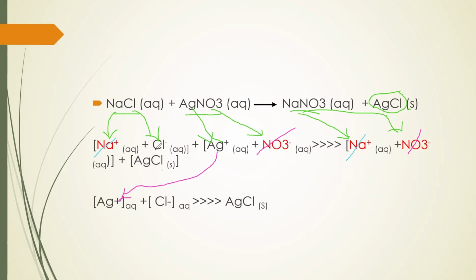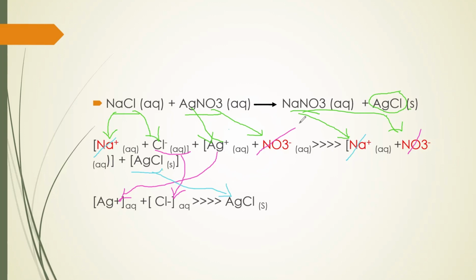The remaining is Ag positive aqueous and Cl negative aqueous as reactants, and they will give silver chloride as a precipitate. So what happened in this reaction?